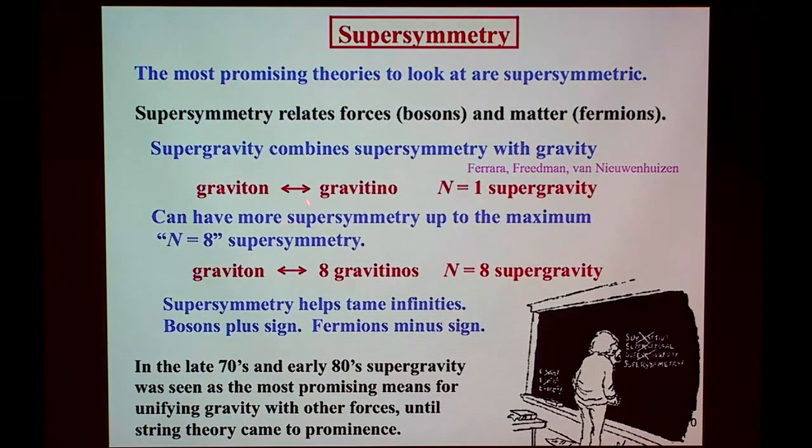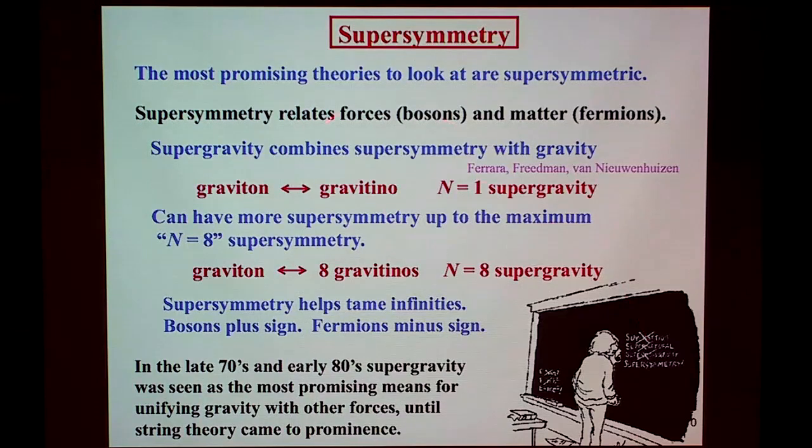So the idea is that, let's say you have a graviton, then what supersymmetry postulates is that there's a particle called a gravitino, which is a partner, a superpartner of the graviton. Now, we're pretty certain that the graviton exists. We're not so certain the gravitino exists, but on the other hand, it's just a theoretical toy model to try to understand properties of gravity.